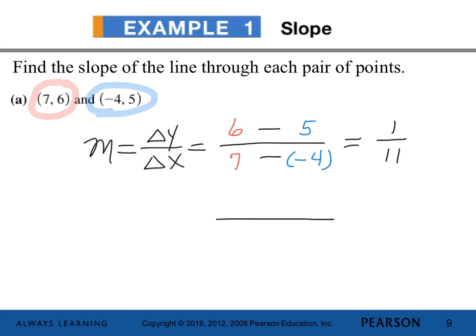Or it's just as correct, once again, to begin with the (-4, 5), and your second point is (7, 6), which would give us 5 minus 6 is -1, and -4 minus 7 is -11, which is still 1 over 11.